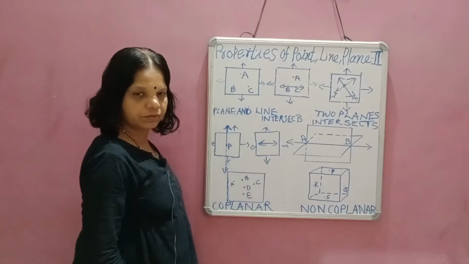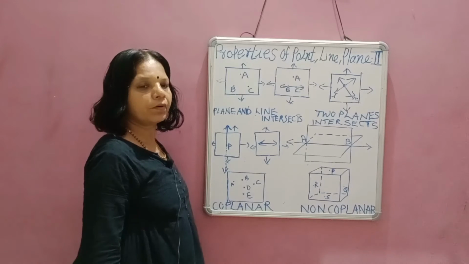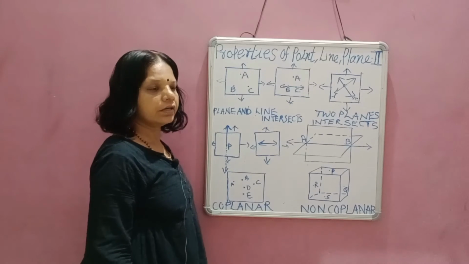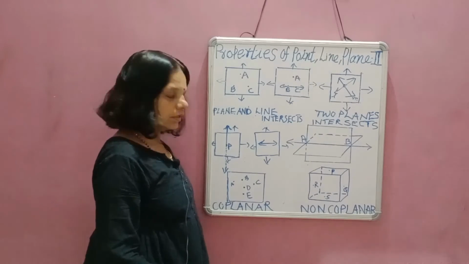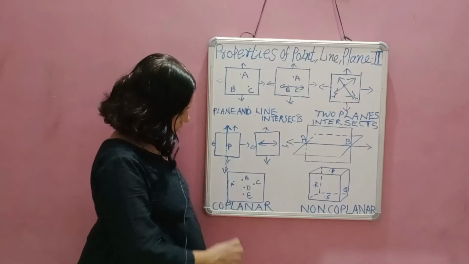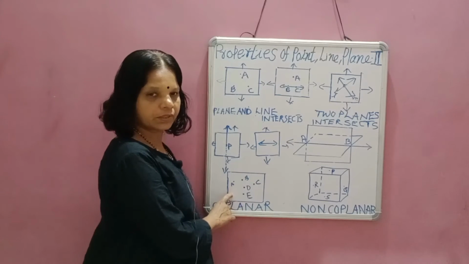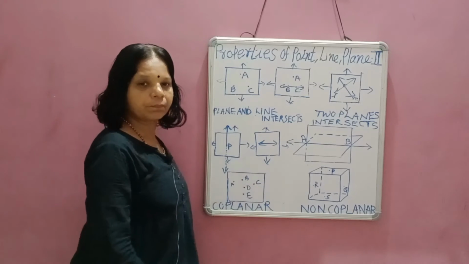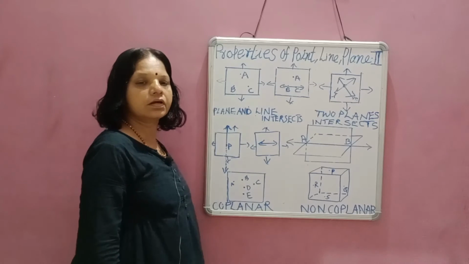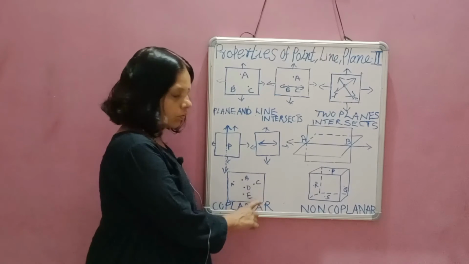Then what will be the definition? Similar to collinear, if all the given points are in a single plane, then they are called coplanar points.